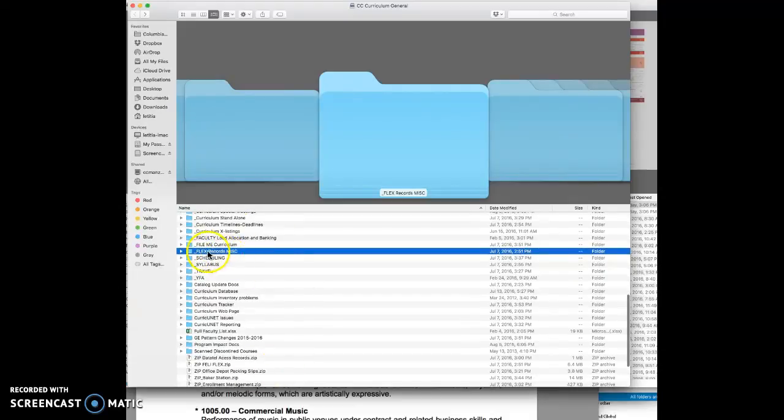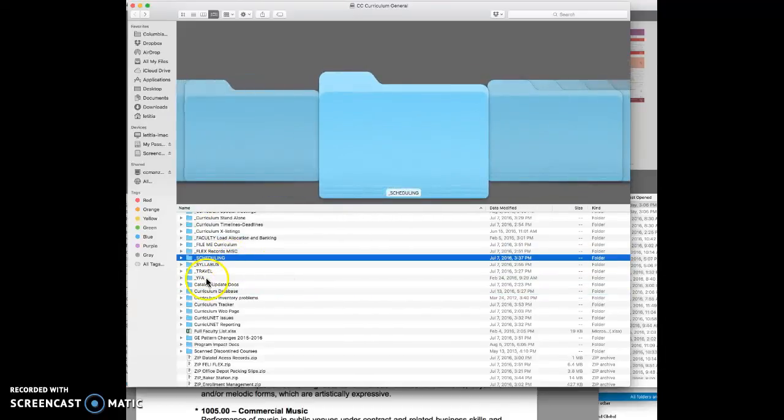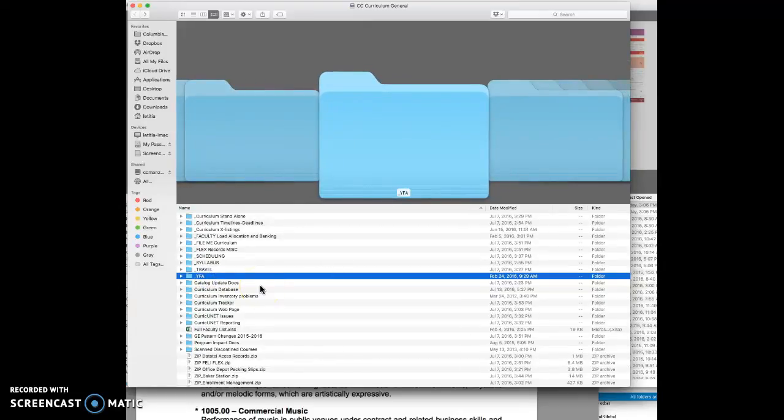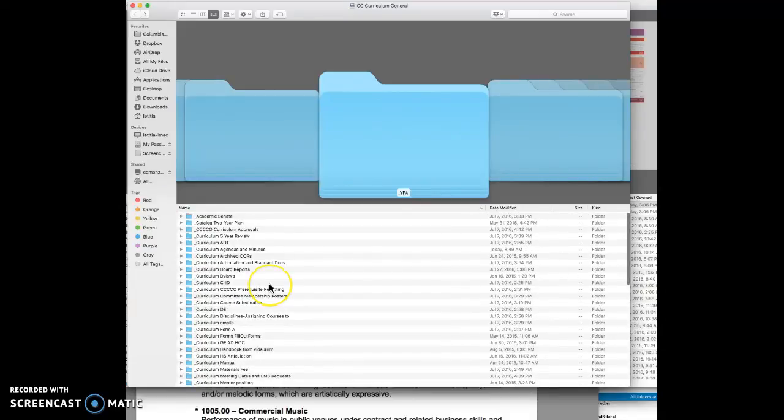But what we're trying to do is at least sort things into their similar folders. Syllabus is not our responsibility. Scheduling is not the responsibility. YFA, these should have different folders away from curriculum because those processes don't really overlap in terms of our workflows. So in any case, this folder, Curriculum General, should contain curriculum minutes, Board of Trustee reports on curriculum.